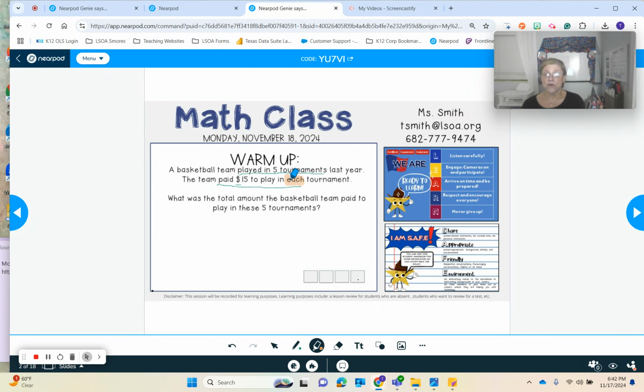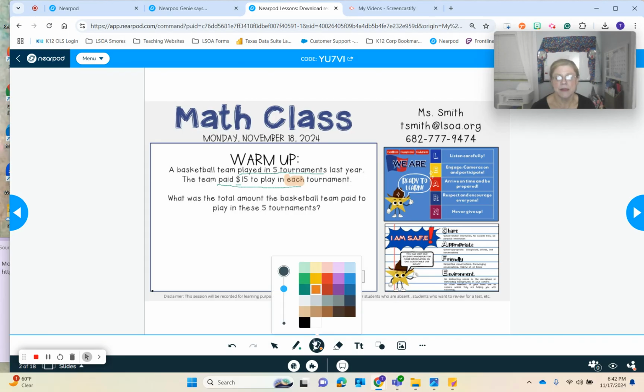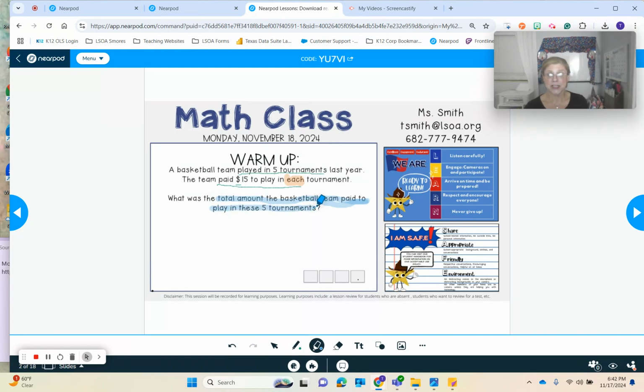And then what is the total amount the basketball team paid to play in these 5 tournaments? That last thing is what we're ultimately trying to find. I'm going to change my highlighter color: total amount altogether paid to play in these 5 tournaments.